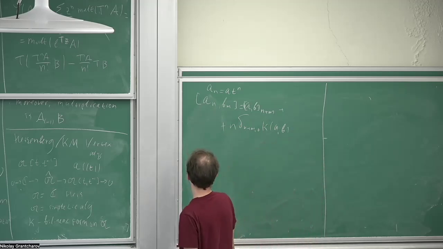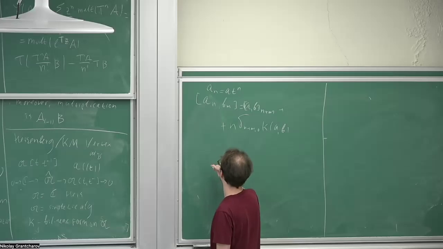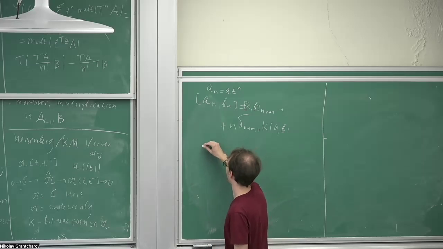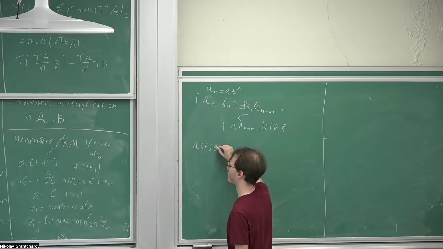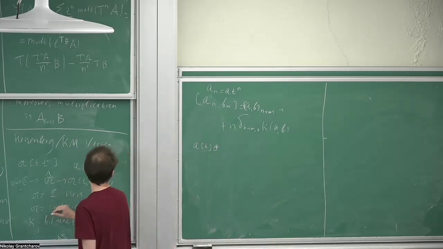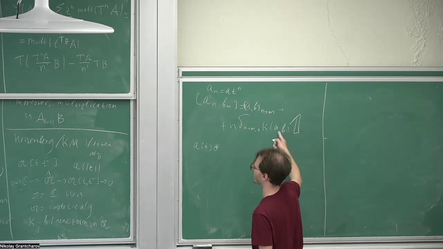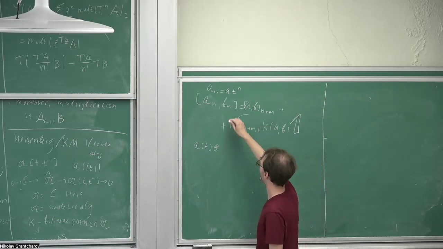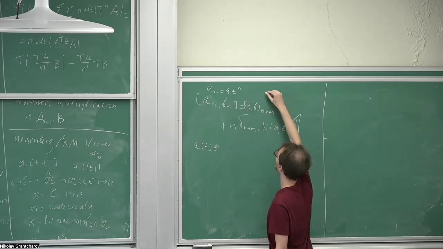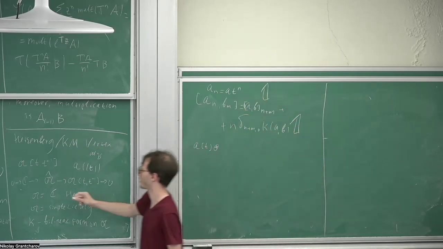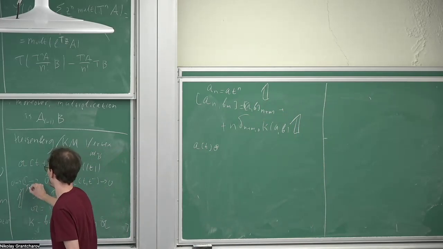It has a highest weight, lowest weight, highest weight representation. So A of T direct sum, and let one central element. The basis of this algebra is this kind of thing, and one which is here.